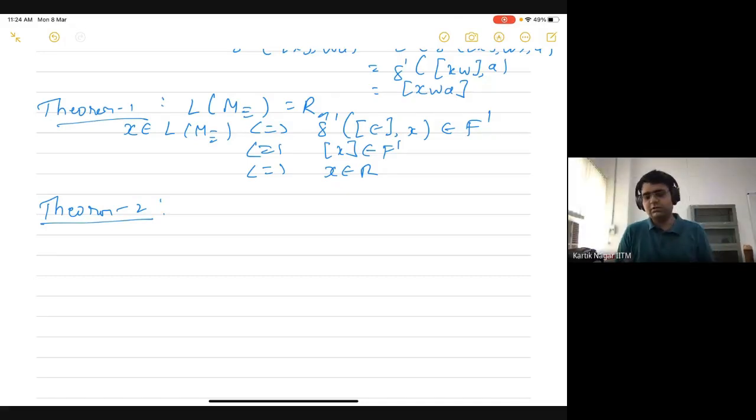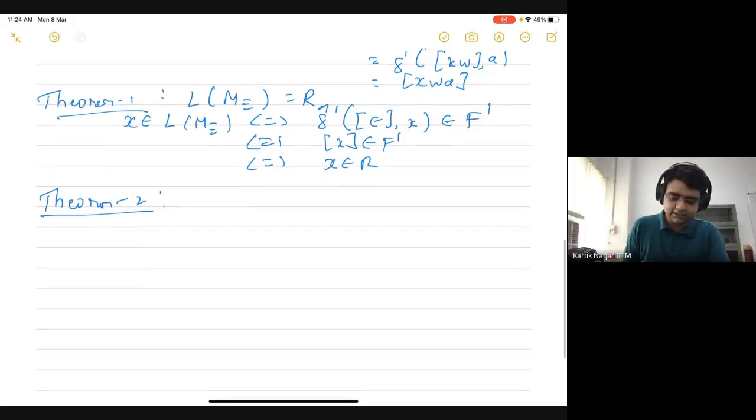We have seen that given a DFA, I can construct a Myhill-Nerode relation from that DFA, and similarly, given a Myhill-Nerode relation, I can also construct a DFA. So I can do these two operations one after the other. Let's say that I start with some Myhill-Nerode relation, and from this I construct this DFA.